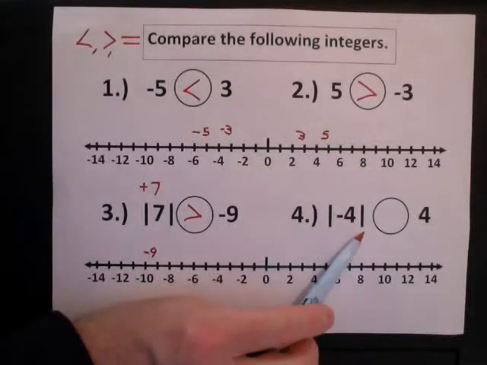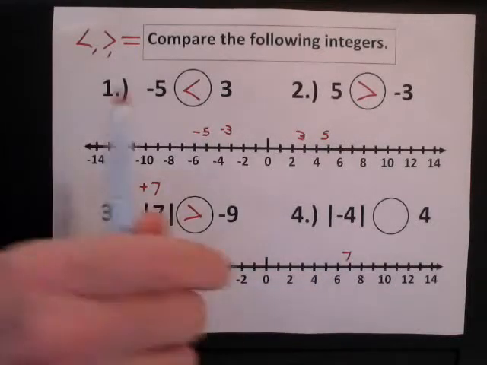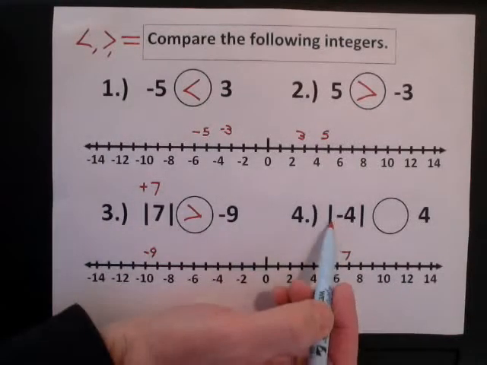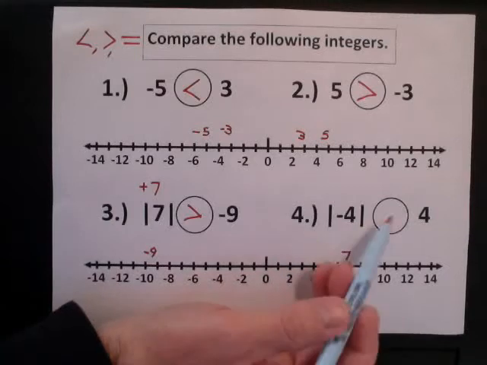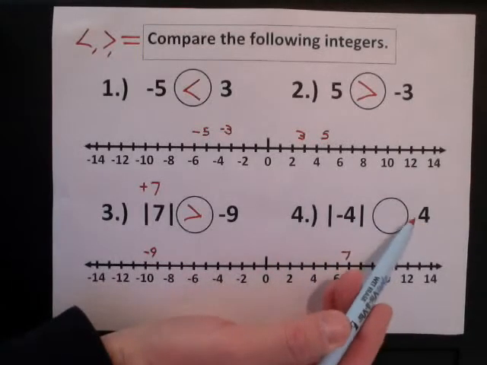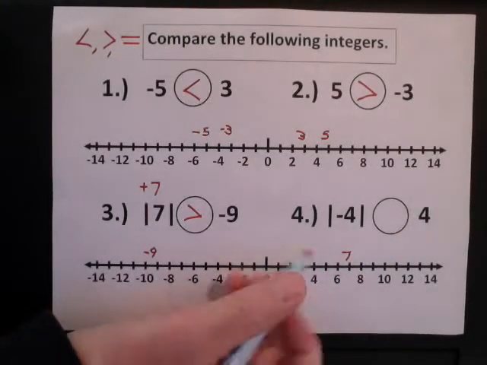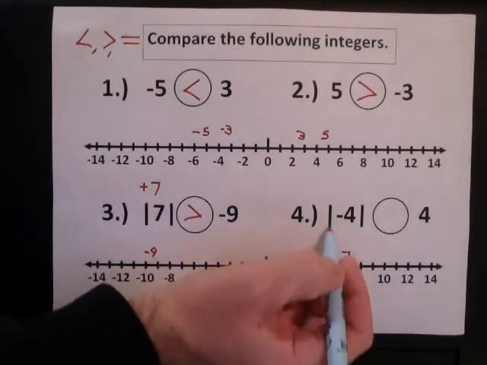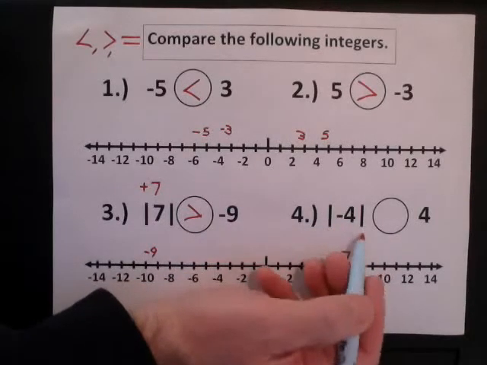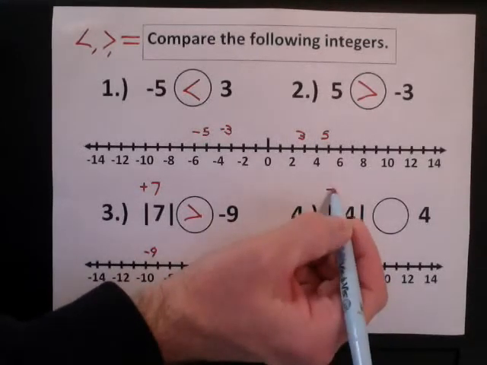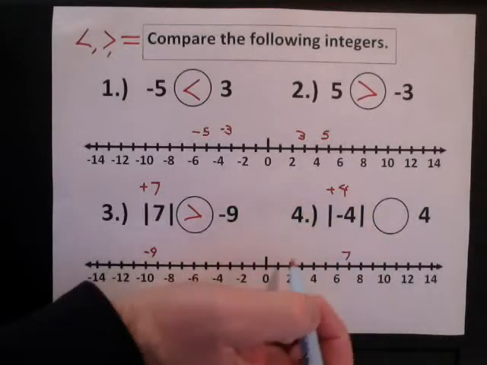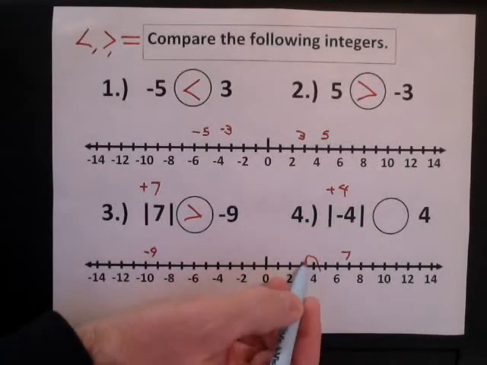Then we come over to this problem right here, and we see that we have the absolute value of negative 4 compared to the value of positive 4. Well, in this case, again, we're going to change this to its value based on the symbols, and that would be a positive 4. And so it would be right here.